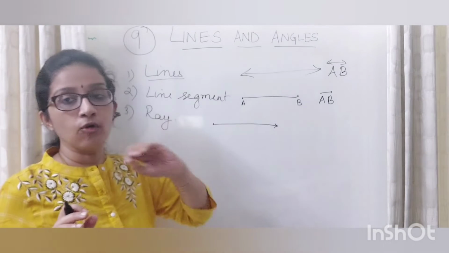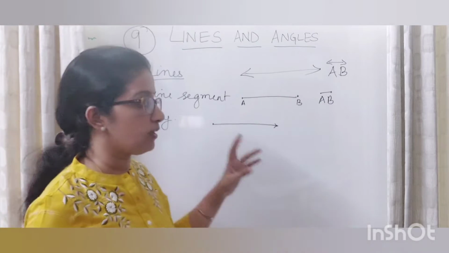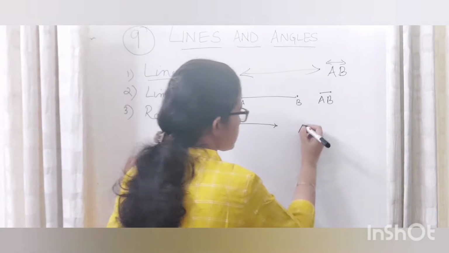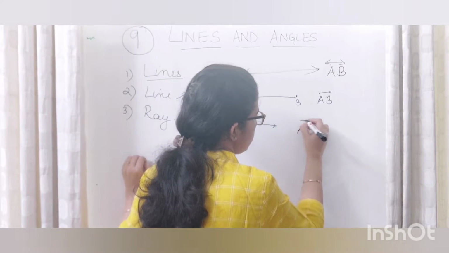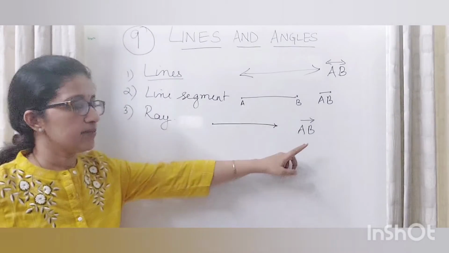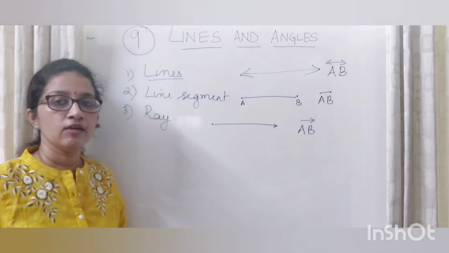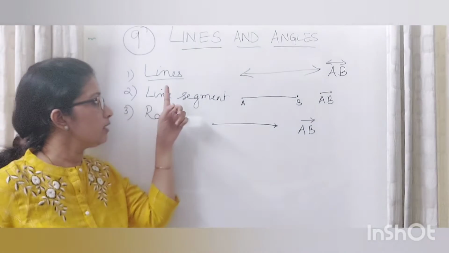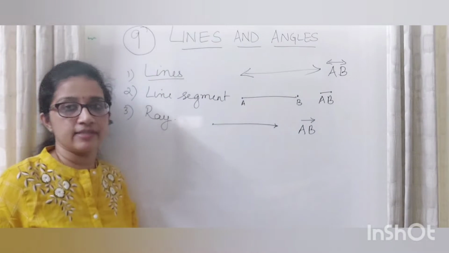No, they can go up to infinity, right? So it is an example of a ray. A ray can be expressed as AB with one arrow mark on the top of it. This is the representation of a ray. I hope you are now clear about the difference between lines, line segments and rays.